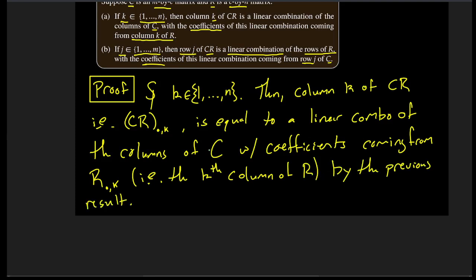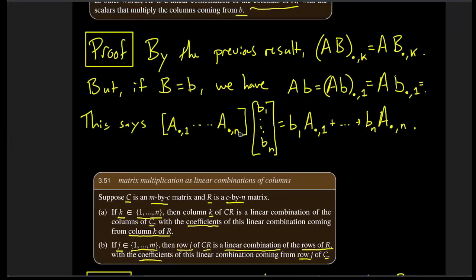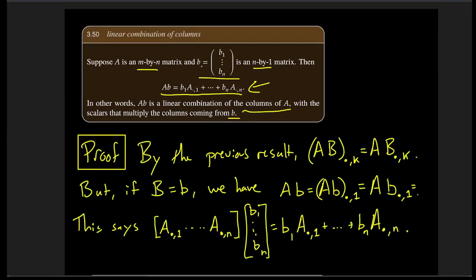So why does this work? Going up here, if B is an n by 1 matrix, then AB is just a linear combination of the columns of A, where the coefficients come from this B vector right here.